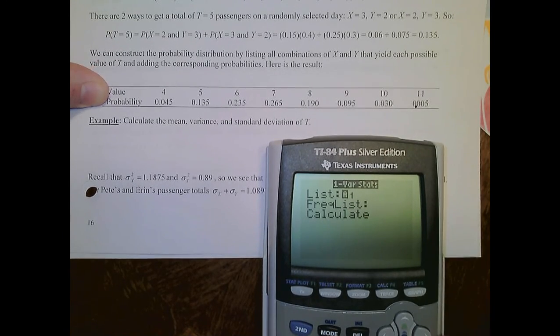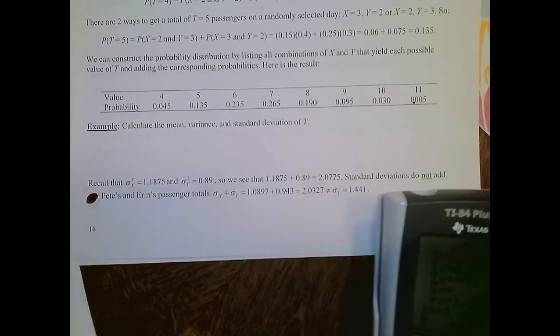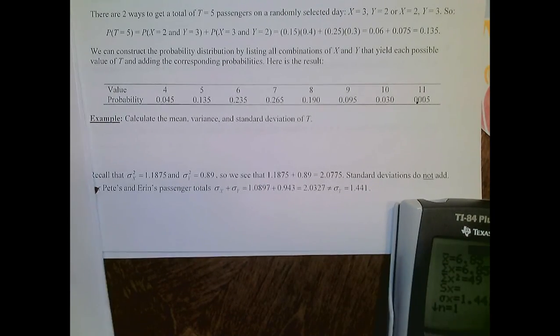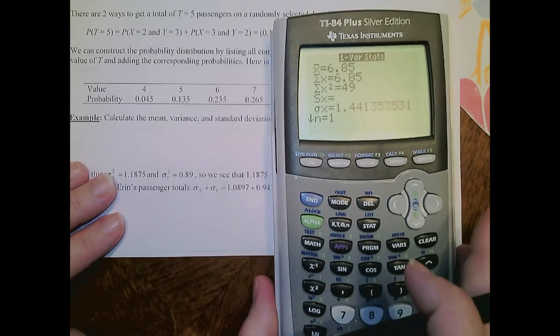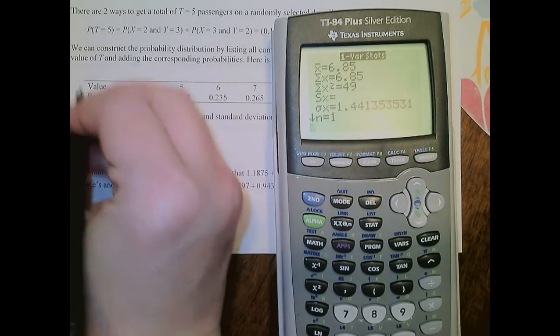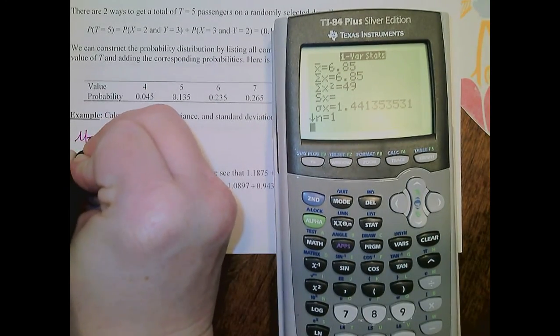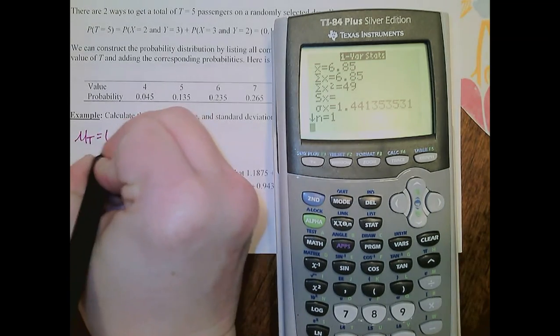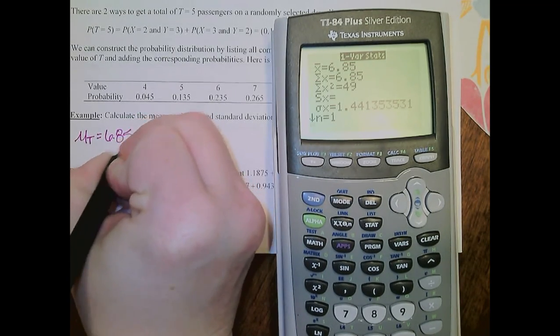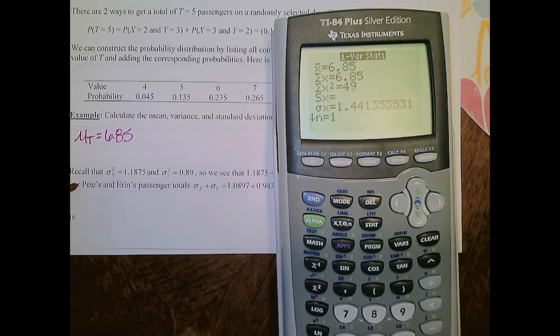Our frequency list is the list that contains the probability for each of those values, so that was list 2. And now if we go to calculate, we get that the mean, mu of t, is 6.85, which is what we calculated earlier, so that just kind of verifies what we saw.